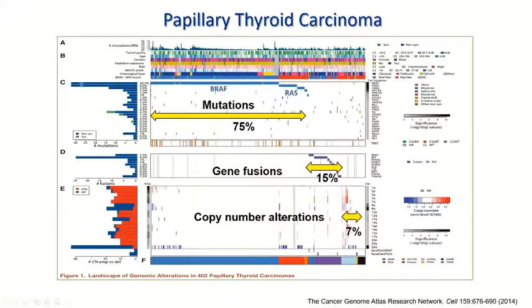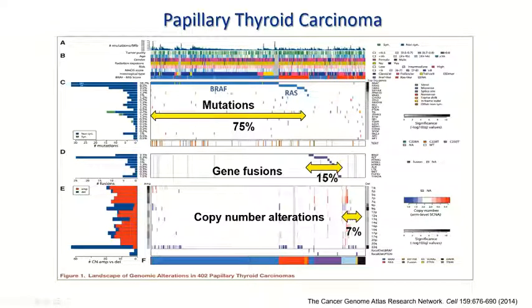What is really important to keep in mind when we are talking about these events is, first of all, that we know driver mutations occur in almost all papillary carcinomas, 95, 97%. But it's also important to keep in mind that some of these events can overlap. For example, some mutations may be early drivers.